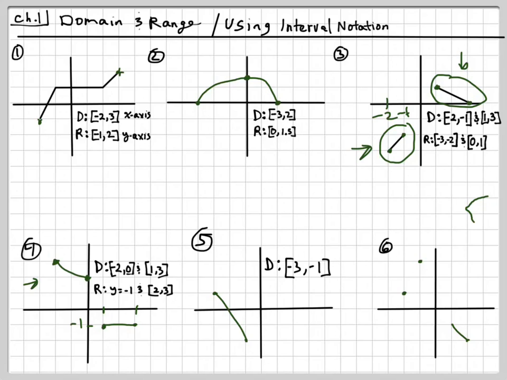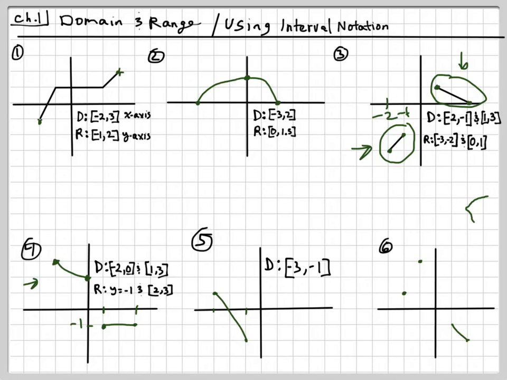Okay, moving on to example number 5. Here we have a single curve, and the domain once again corresponds to the point that is furthest to the left. The smallest x value goes from -3 all the way to x equals -1. That's where that curve spans the x's.